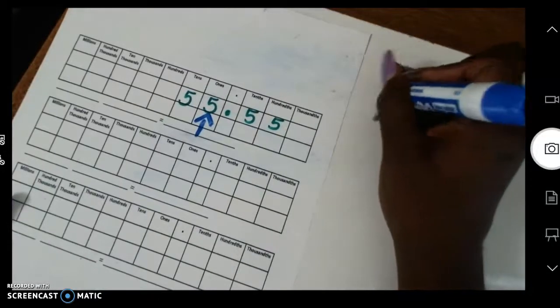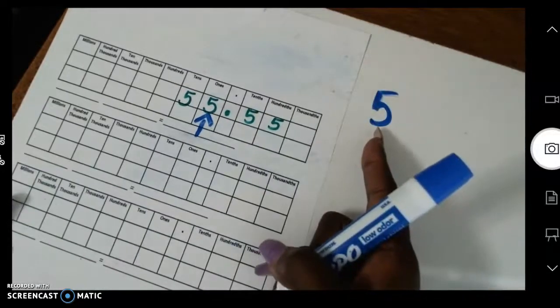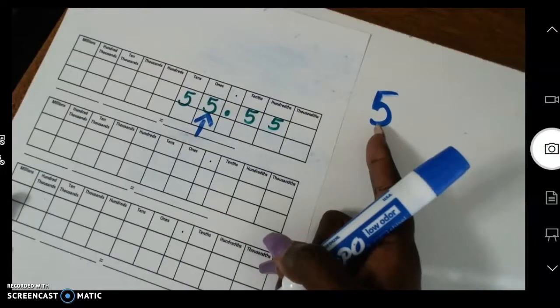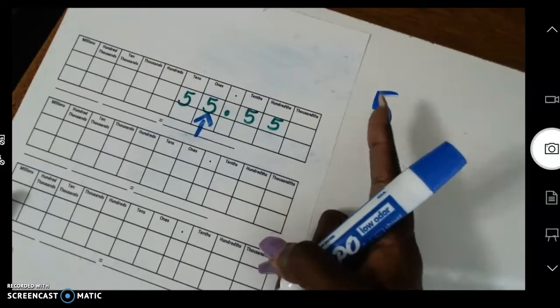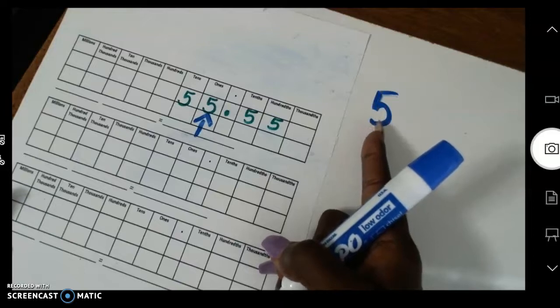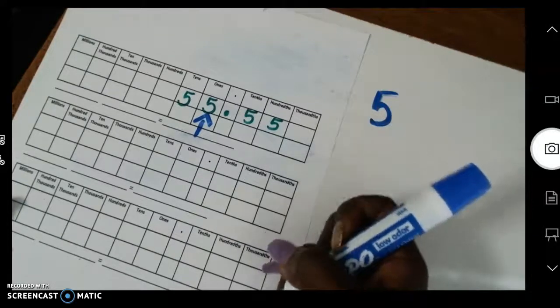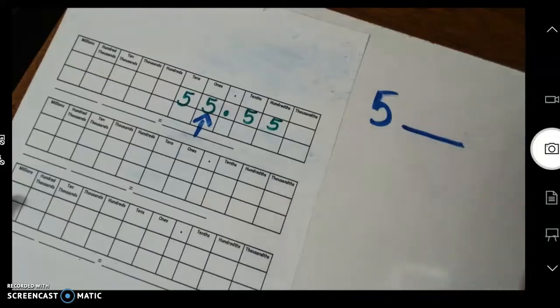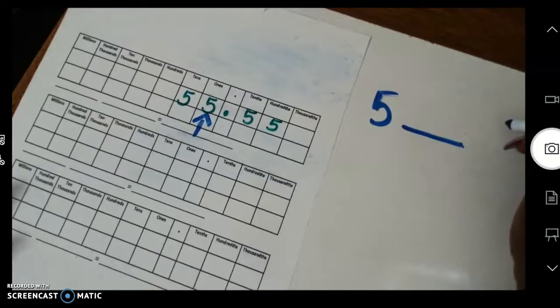Recall that anytime a number is in the ones place, it has a value of that many numbers times 1. So in this case, 5 in the ones place has a value of 5. And I want to compare it to the 5 in the tens place. In this case, 5/10.